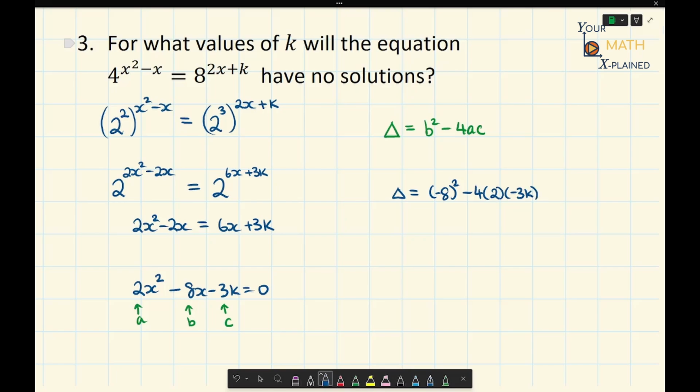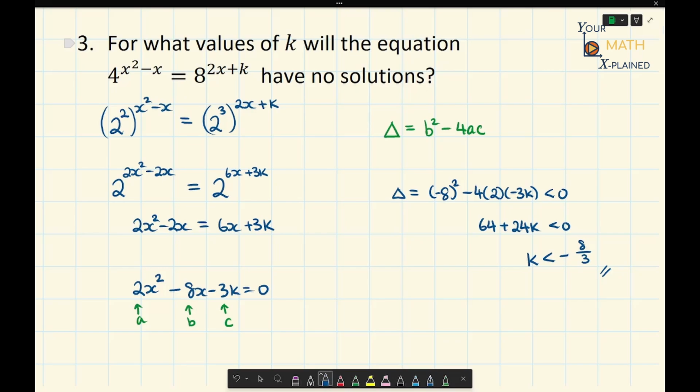And in order for this to have no solution, we need this to be less than 0. Okay, so then we get 64 plus 24k is less than 0. So that gives us k is less than -8/3.